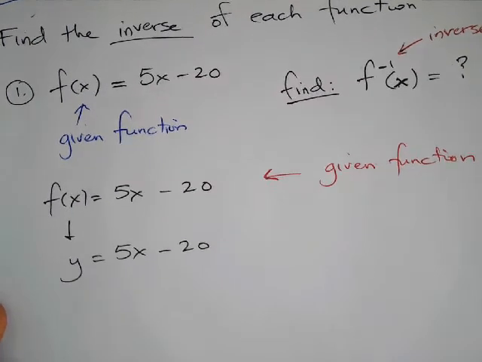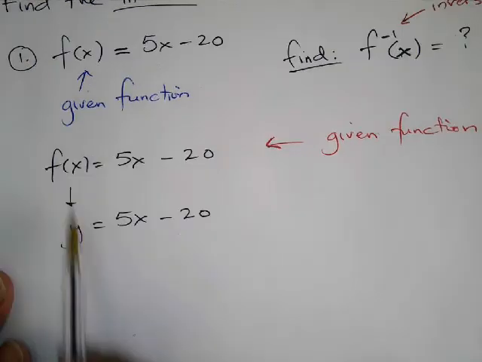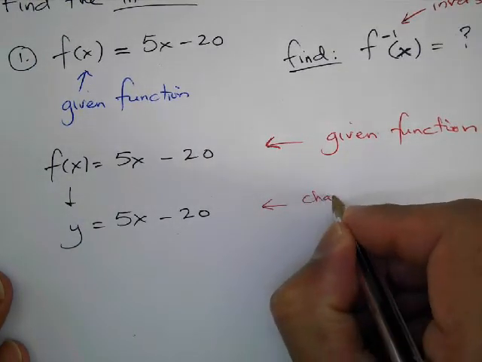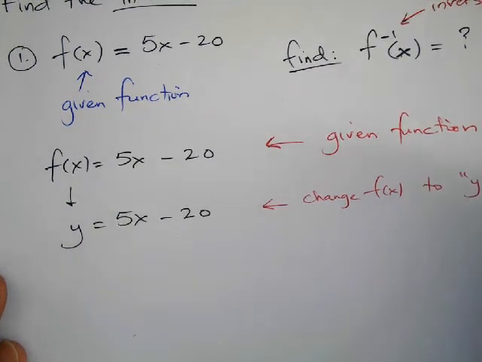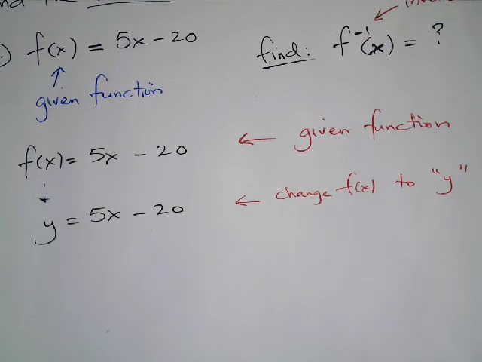So just change it to Y. You really haven't changed anything. Just for the purpose of doing these type of problems and finding the inverse, you need to see X and Y, right? So let's just change this back to the Y. Change f of x to y. I mean, it's really the same thing, right?